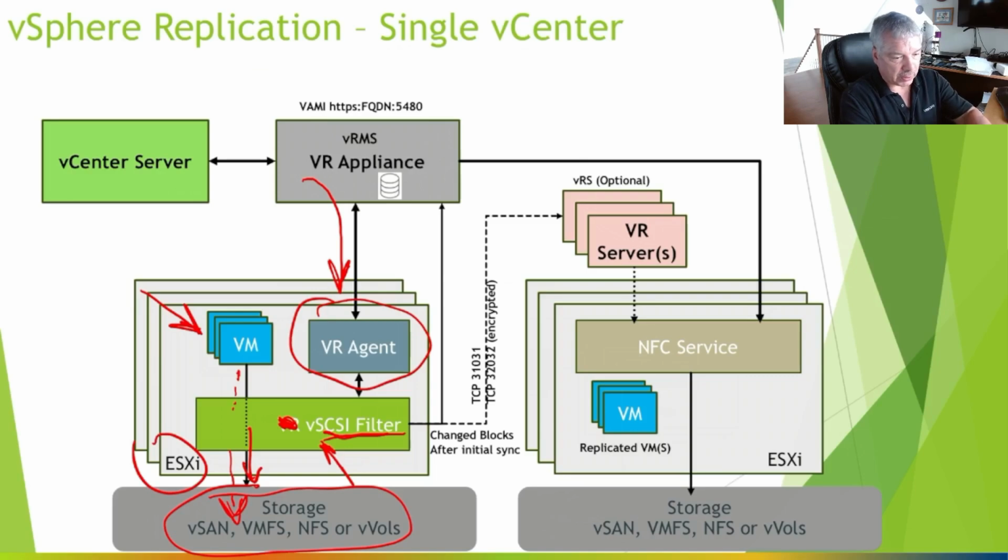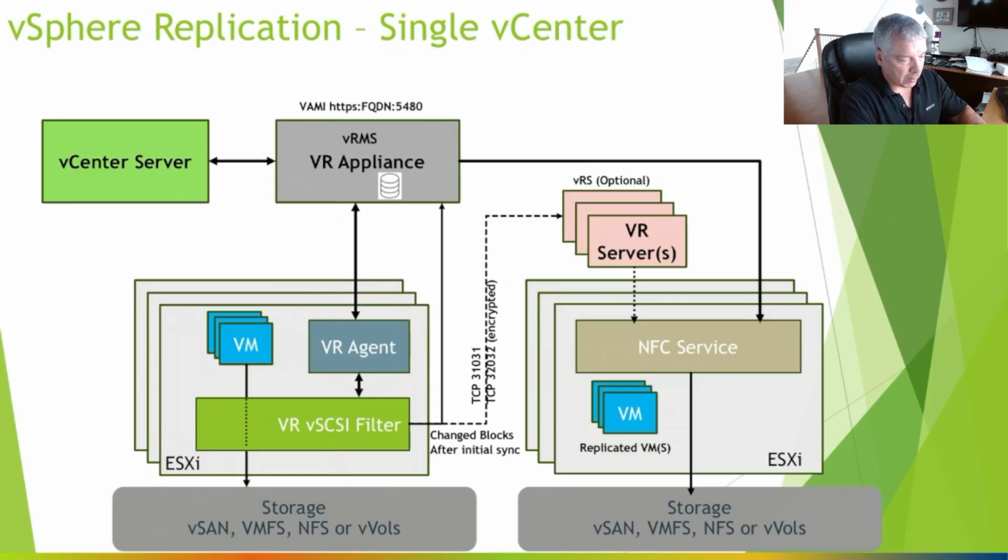And that's what you kind of see in my picture. So this SCSI filter is aware of any blocks that are being changed. So now when you want to replicate, the replication agent basically can send it to the replication server on the appliance, which in turn would send it out to the target wherever it's going.